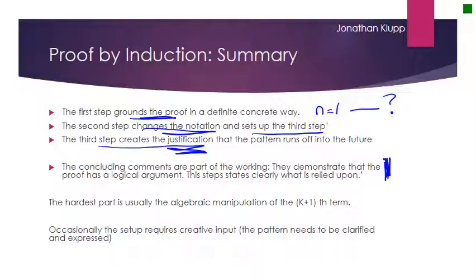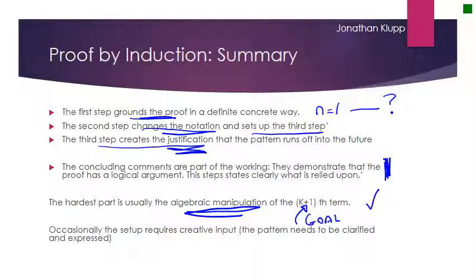Now, two observations at the end. Certainly in my experience, one of the very tricky steps here is the algebraic manipulation of the k plus 1th term. But in almost every case, keeping your eyes on the goal is very important. The goal being, what must the pattern form?